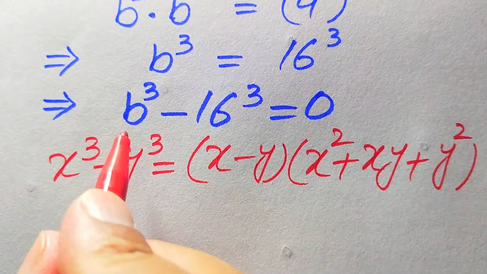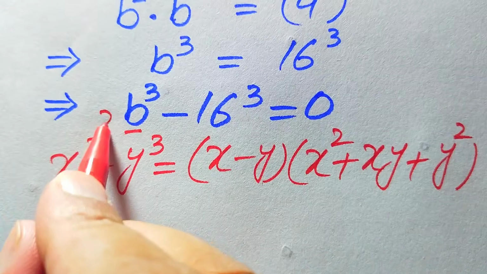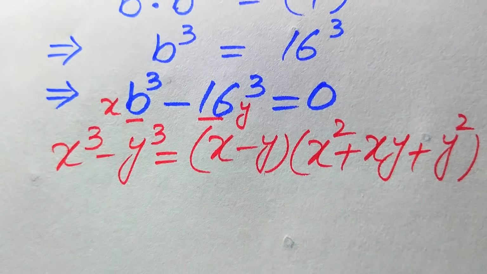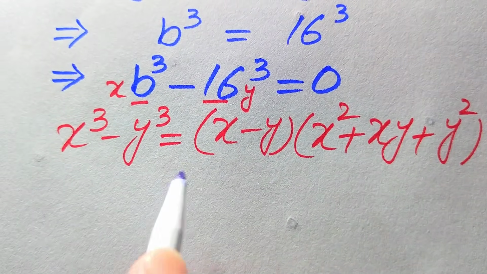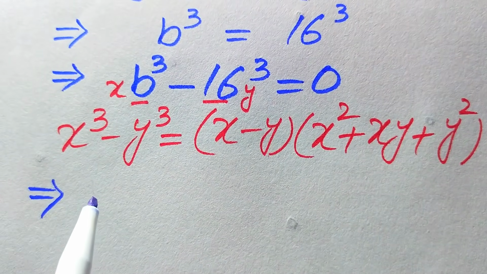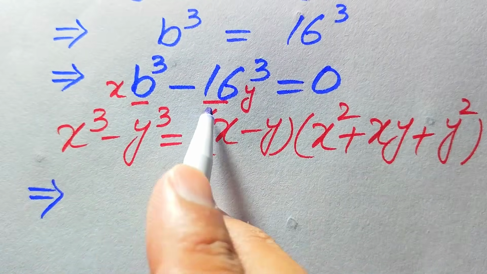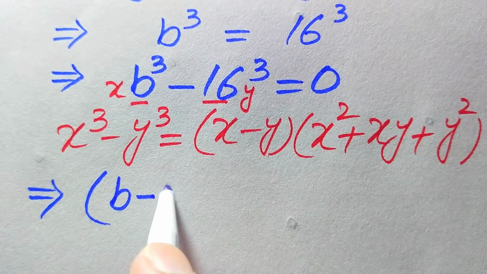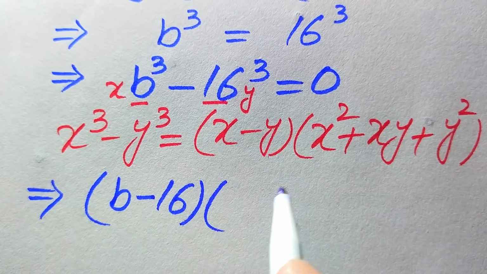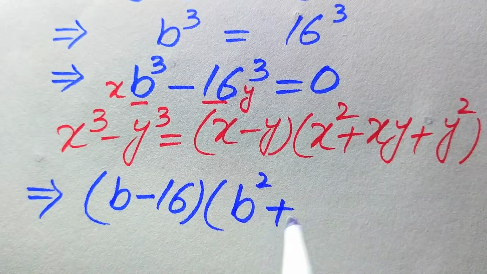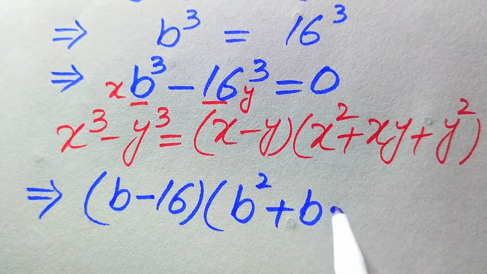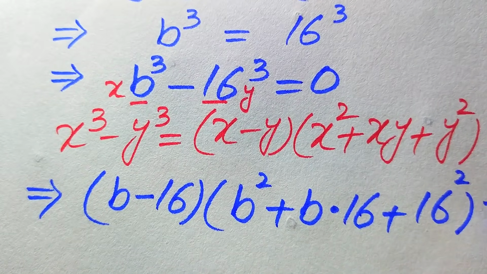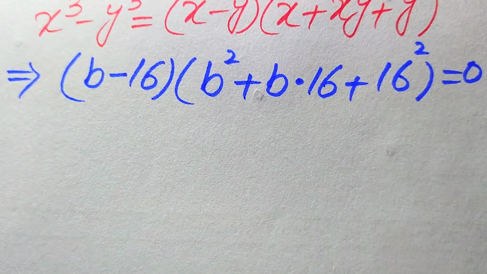According to this rule, the base of this term is our x and the base of this term is our y. We substitute the values of x and y into the right hand side of this formula, and we get the output of the above equation. We substitute these values here, and we get x minus y, where the value of x is b, minus the value of y is 16, times x squared, the value of x is b squared, plus xy, where x is b and y is 16, plus y squared, where y is 16 squared, and this whole equation is equal to 0.